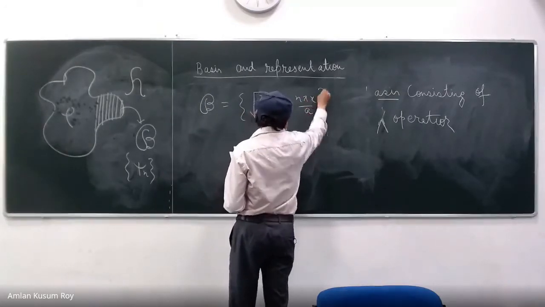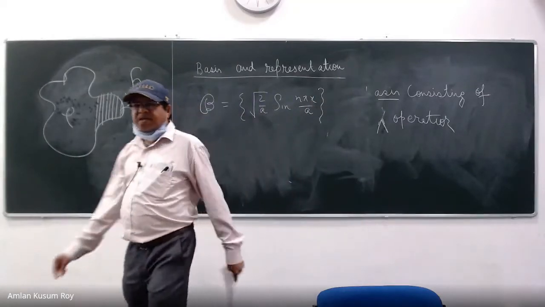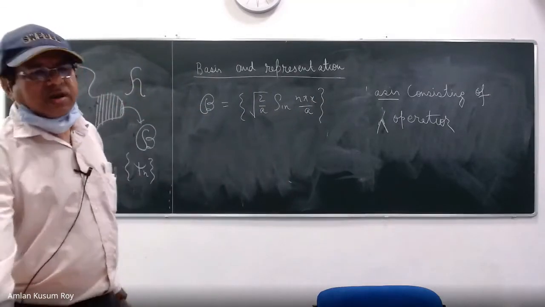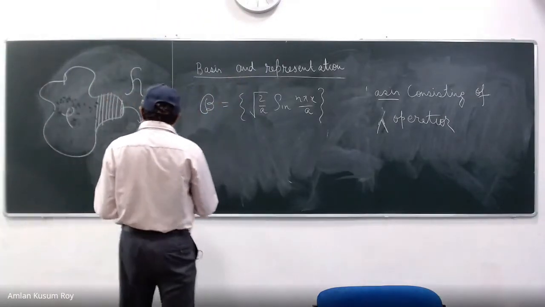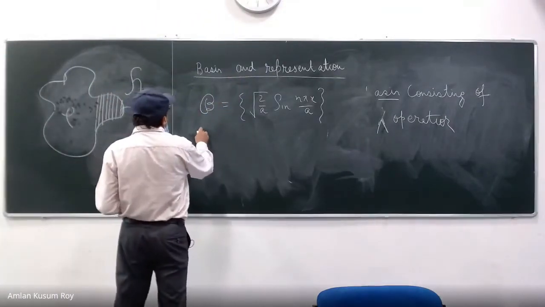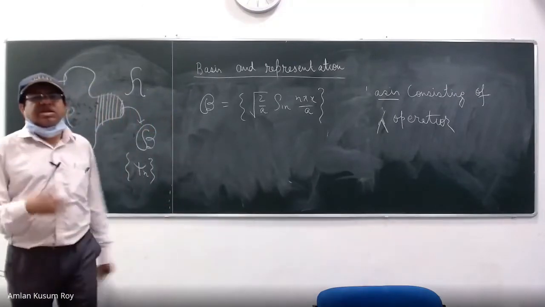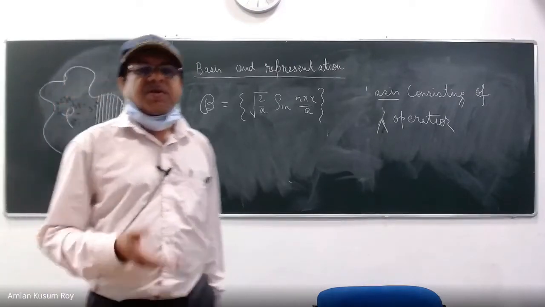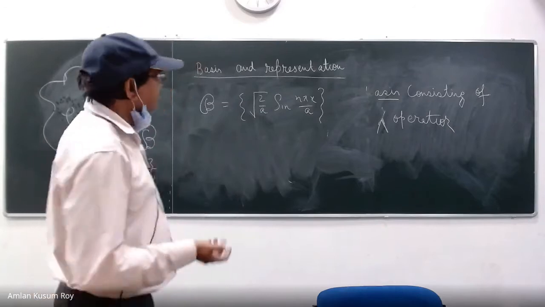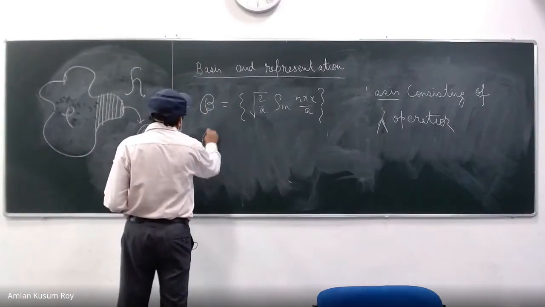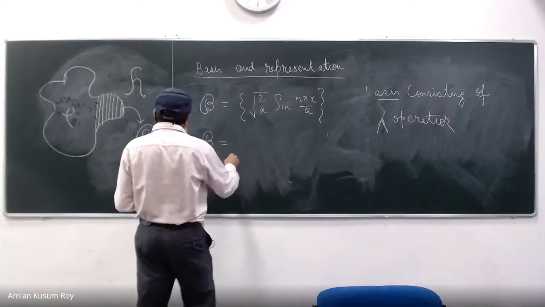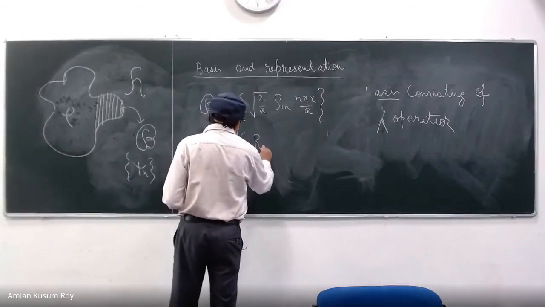This is a basis set. Many one-dimensional problems in this world have been solved by taking this basis. But suppose I want to solve a three-dimensional problem, say helium atom, beryllium atom, or any other atom for that matter. So I can choose a good basis as the hydrogen atom problem. So that means this can be my basis.